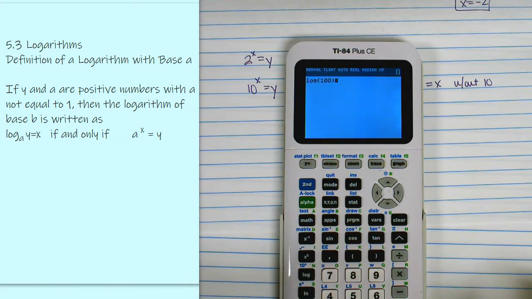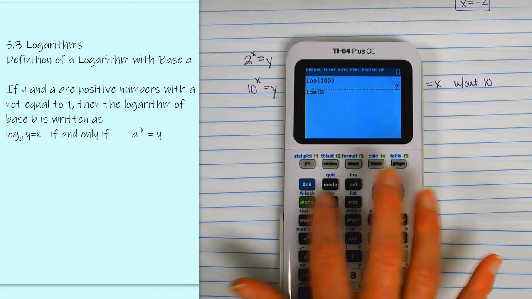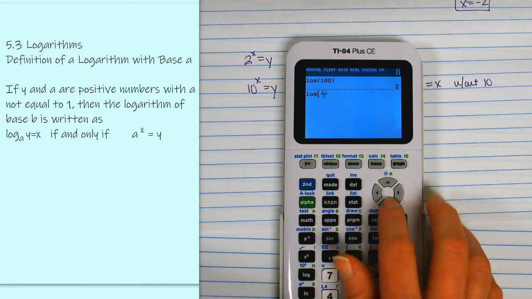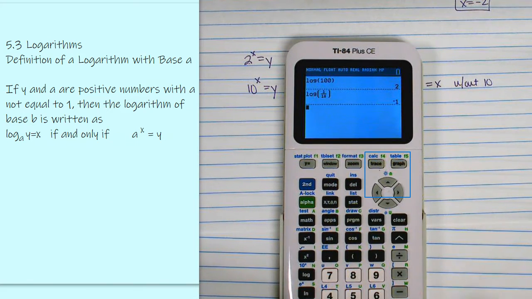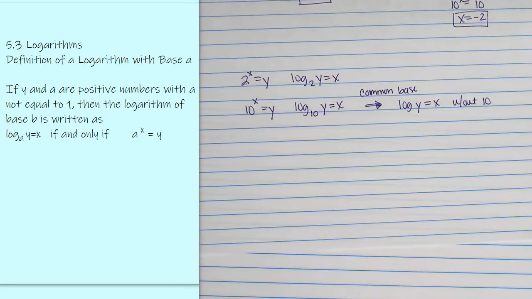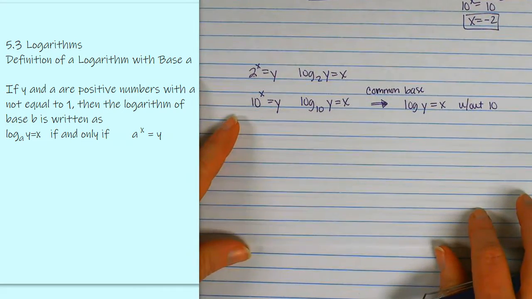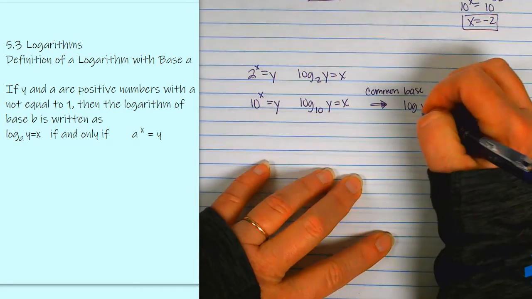And it should say 2 because 10 squared equals 100. And it knows that the log base is 10. So if you said log of the fraction 1 over 10, now it's going to say negative 1. It knows that you want it to be base 10. So this is an understood base 10 here.